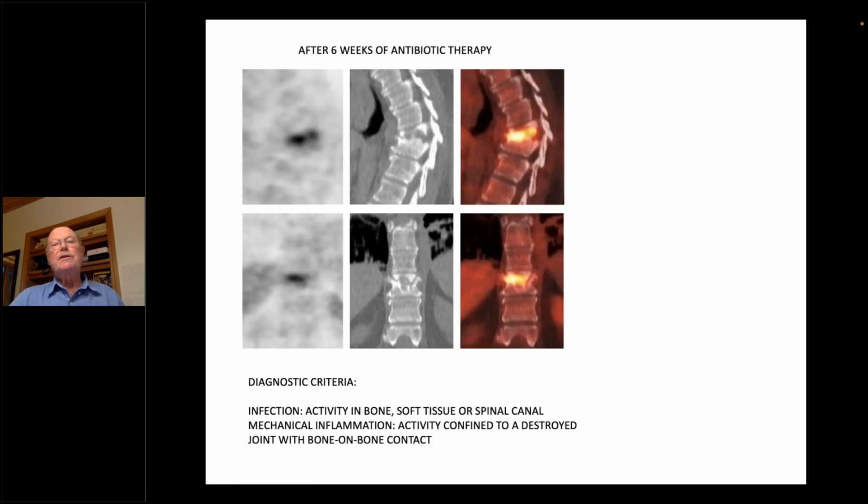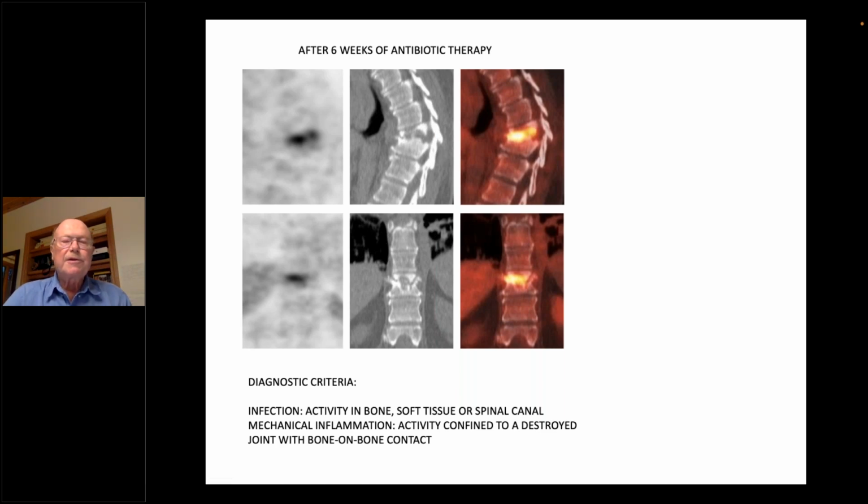So when you look at the follow-up images on the patients who were good responders, you see this kind of a pattern. The vertebrae are partially destroyed, but there is sclerosis at the adjacent end plates, and the abnormal metabolic activity is confined within this disc space.